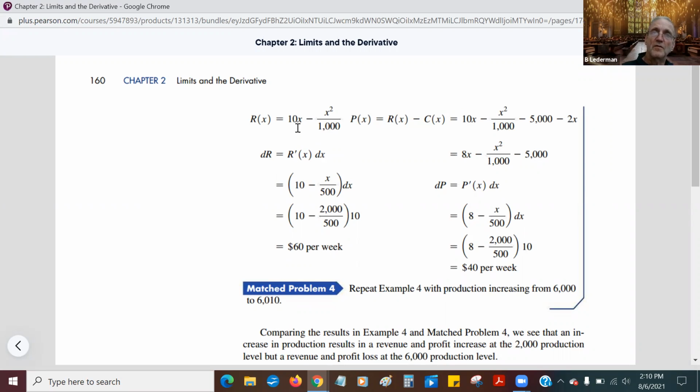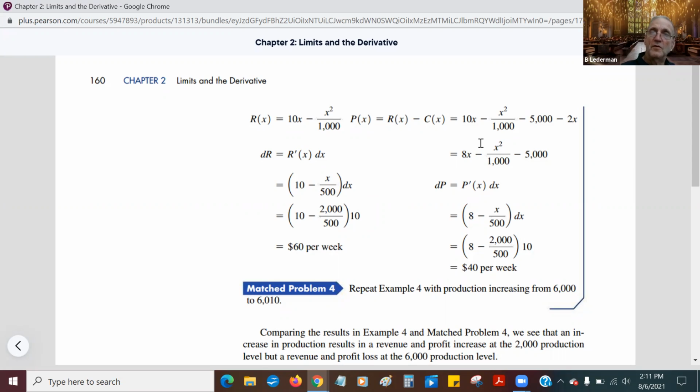So I just have to take the derivative and multiply by dx, which is 10, and plug in 2000 for x. And I gain $60 per week. That's the change in revenue.